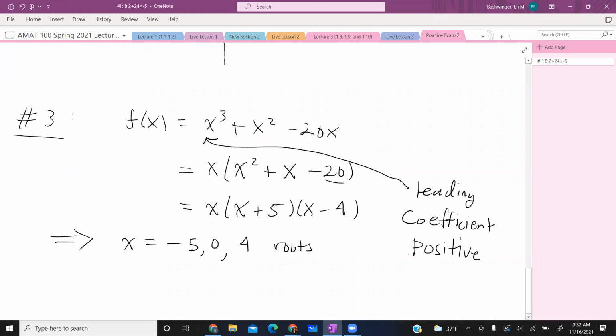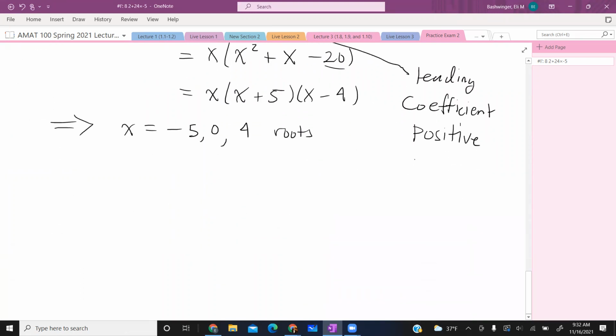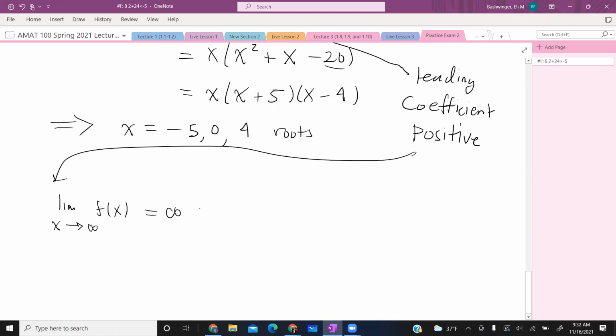What that means, let me just write down the conclusion, is that when you take the limit as x goes to positive infinity of the function, you're going to go to infinity, and when you take the limit as x goes to negative infinity, the function will go to negative infinity.